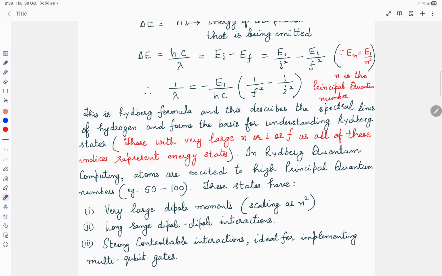Now what happens in Rydberg quantum computing? When atoms are excited to a higher principal quantum number, that means if they are taken to the Rydberg state, the neighboring electrons will also be excited because of very large dipole moments. One electron you have taken to the Rydberg state, now the neighboring electrons will also get excited.